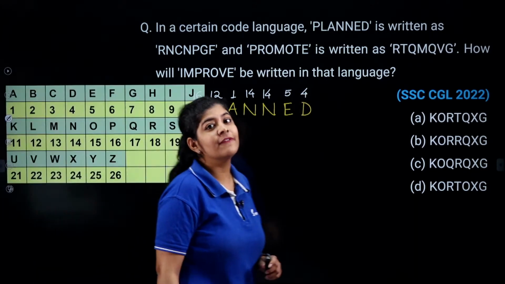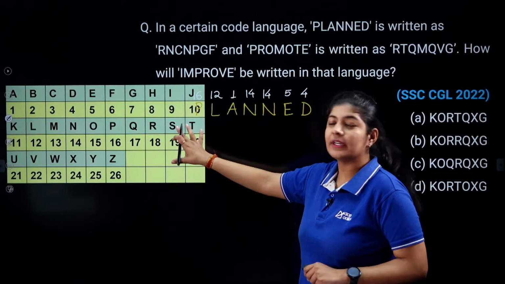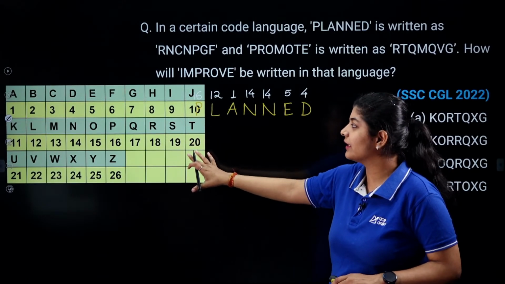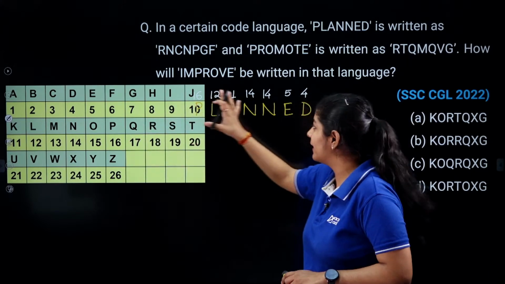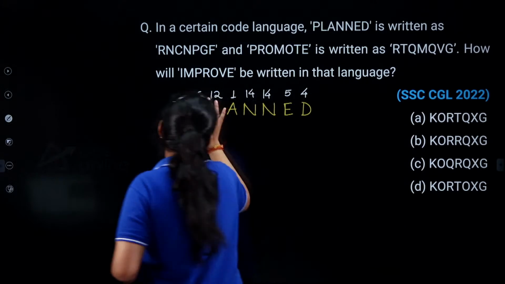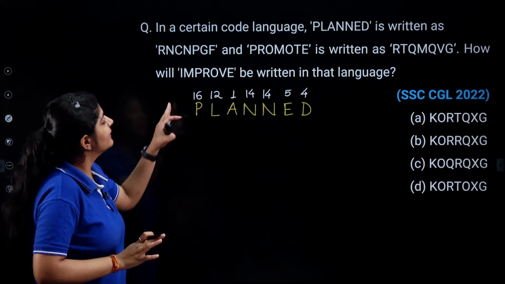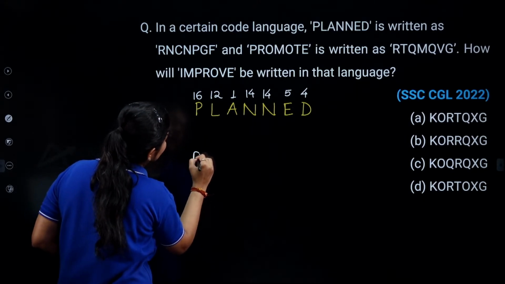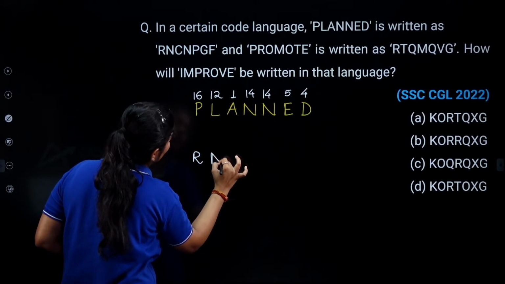Just for your reference, you can see this particular table, and with the help of this one, I am writing over here. Right? Okay. So the question is saying that this plant is changed into this one. So again here I am writing this coded word.